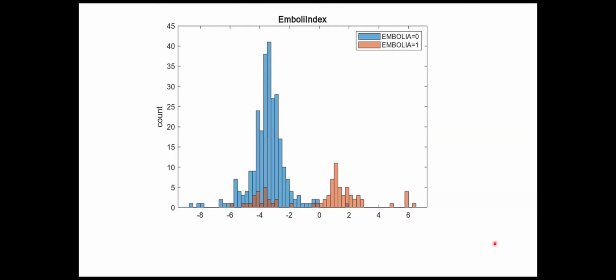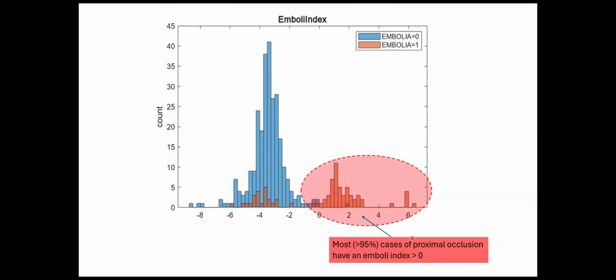Just to give you an illustration of this index, this is a histogram of the index. In blue, we see cases of no occlusion, no pulmonary emboli. So they are our control cases. In orange, we have the cases of pulmonary emboli, okay? And then we see that in most positive cases, the index is above 0.